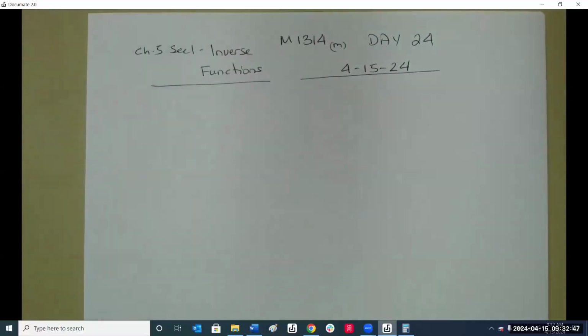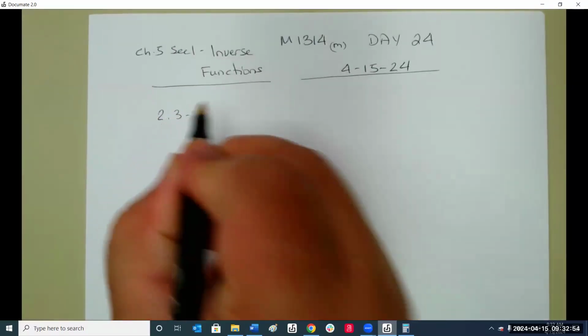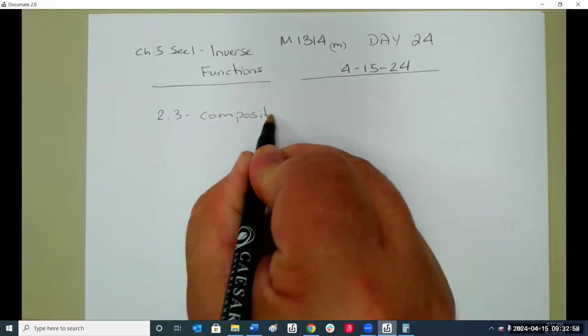So let's begin. Inverse functions. If you remember, last class, we looked at something called the composite functions.